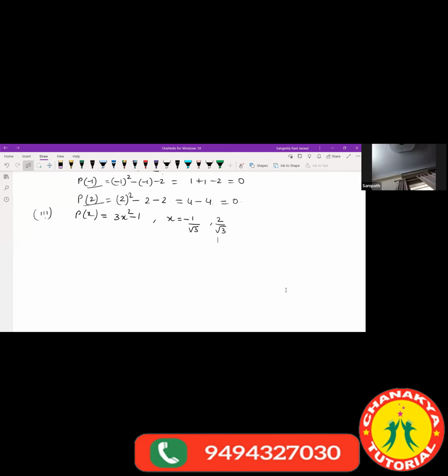And for the first one, minus 1 by root 3, it is 0 only. Okay, minus 1 by root 3 is the zero.